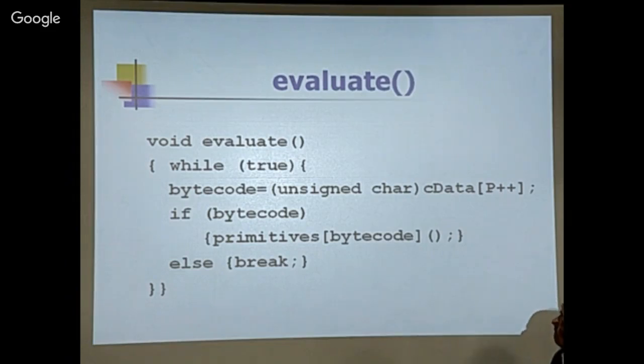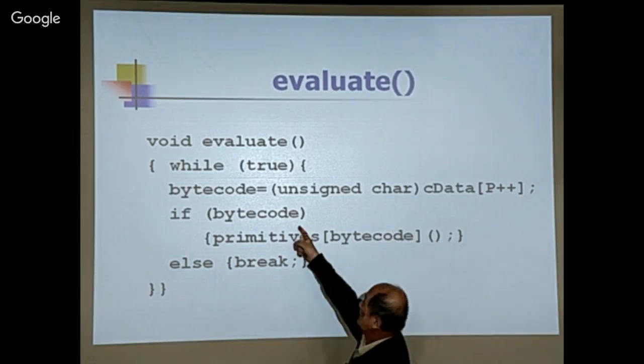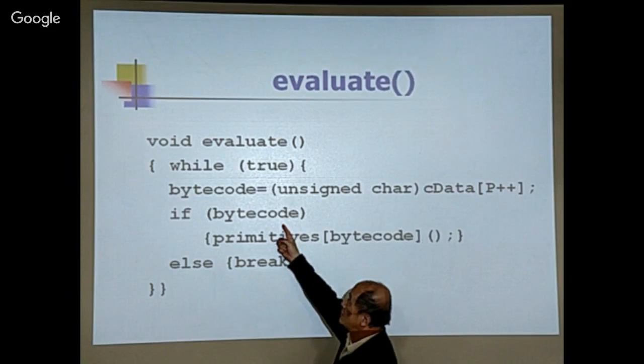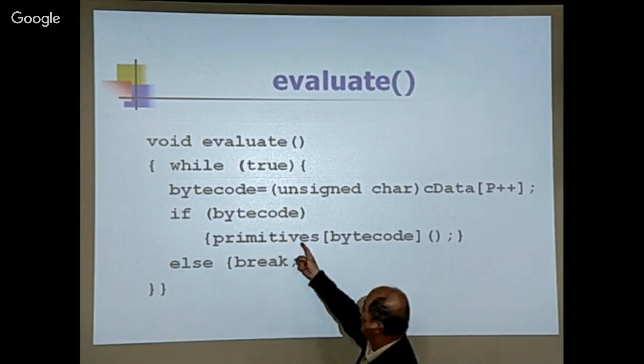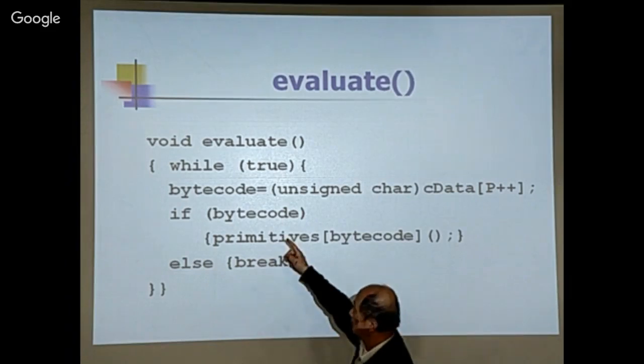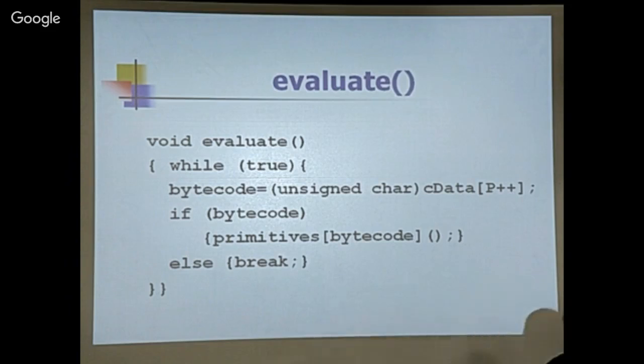It still reads the next bytecode, and the modification is that if the bytecode is a null, a 0, then break. If it's not 0, just keep on executing. This way, evaluate will terminate when it encounters a null byte.